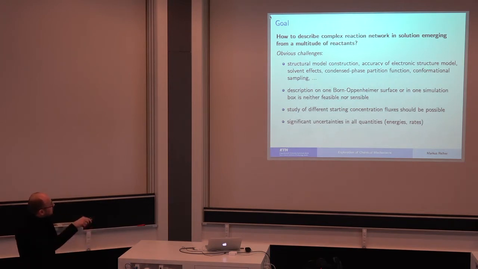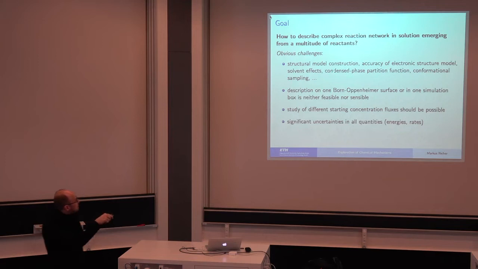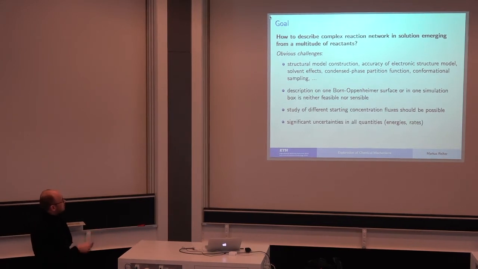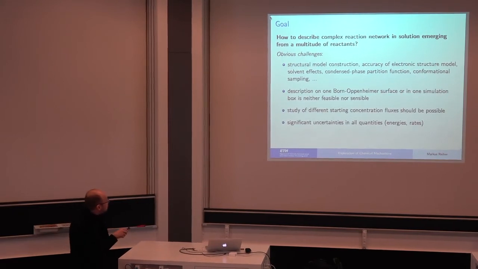Then there is the problem of the accuracy of the electronic structure model. Then there's some environment, usually a solvent. You need to be able to get the partition function in condensed phase in order to have access to thermochemical quantities. There's conformational sampling, and so on and so on. That is a list of obvious problems.